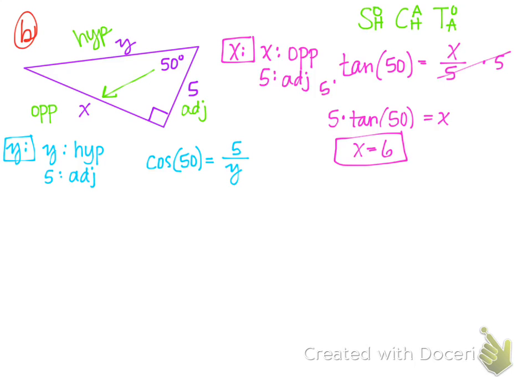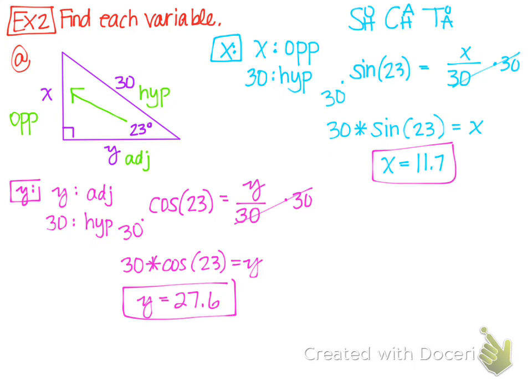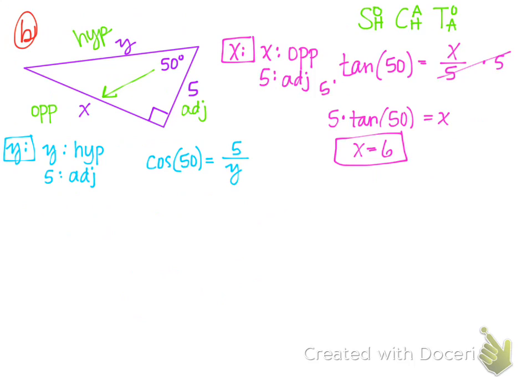Before, we took the denominator and multiplied both sides by the denominator, and we can do that for this one. So we're going to multiply both sides by y. All we're doing is getting the y out of the denominator to make it a little bit easier. Now, on the left-hand side, we have y times cosine of 50, because we can't multiply those together.